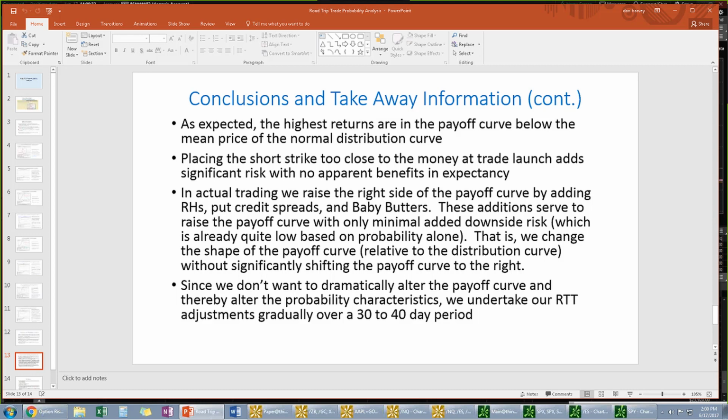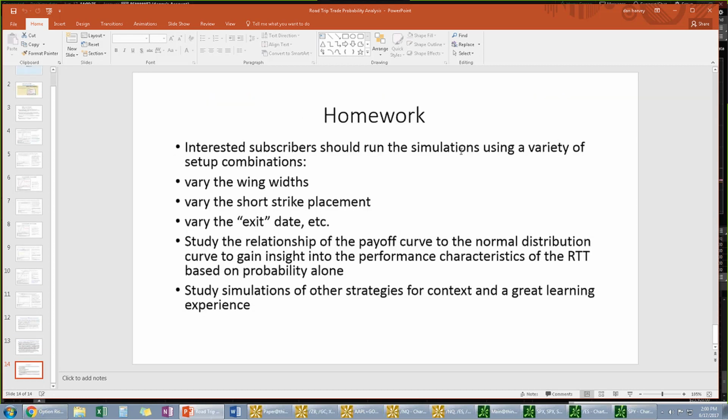For homework, if anybody likes to do this sort of thing, and I would encourage you to do that, but of course that would be totally up to you, I would recommend that you run the simulations and vary everything. If you have the capability of OptionVue or some other backtester or some data going back in time, try to plug those in.